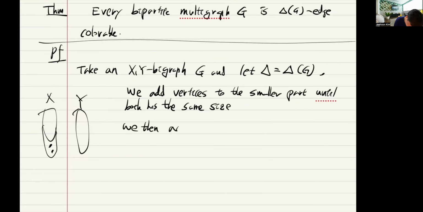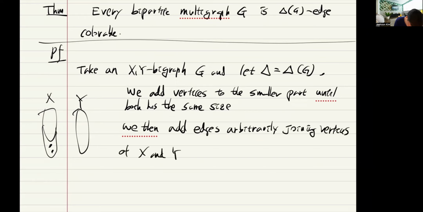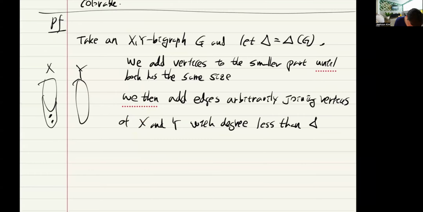We then add edges in an arbitrary way, joining vertices of X and Y with degree less than delta, until all vertices have degree delta.